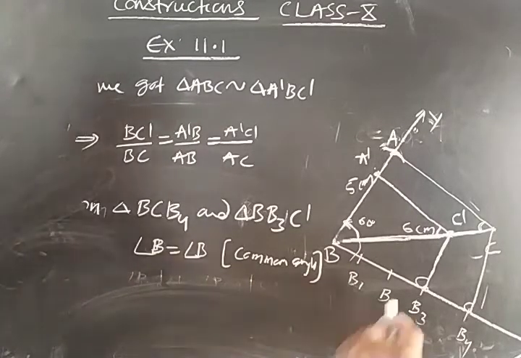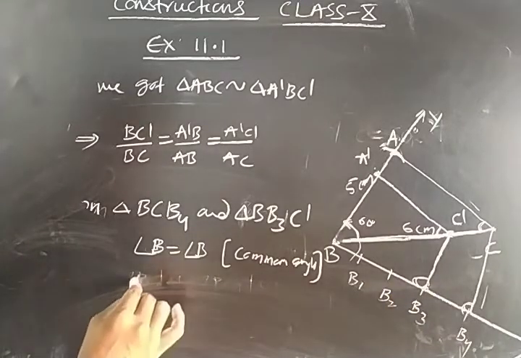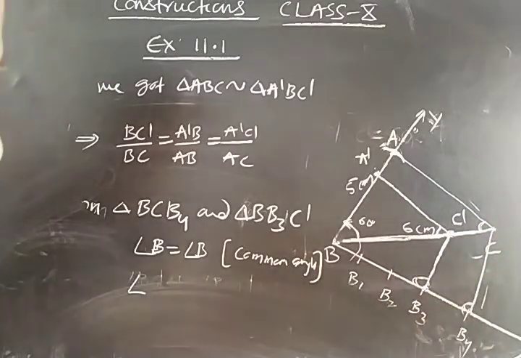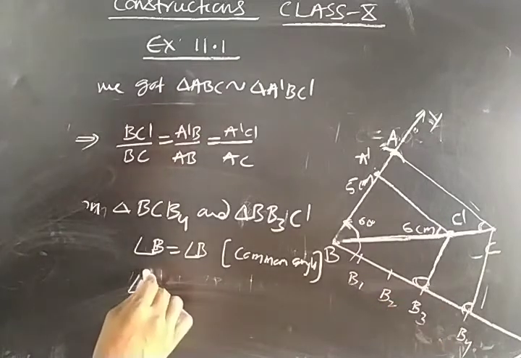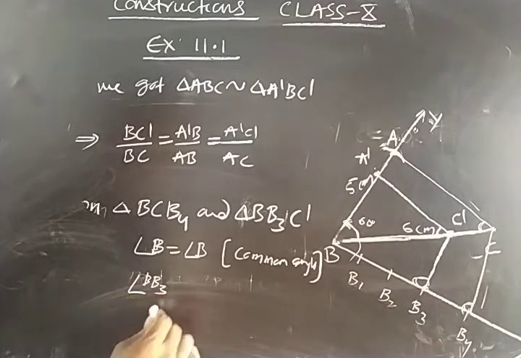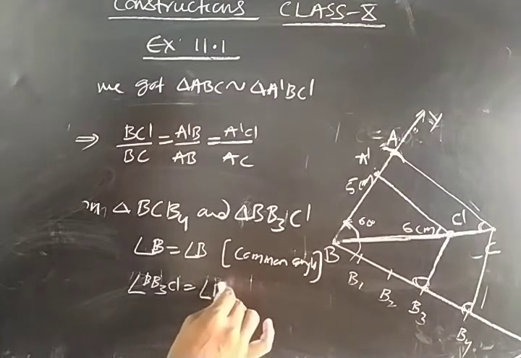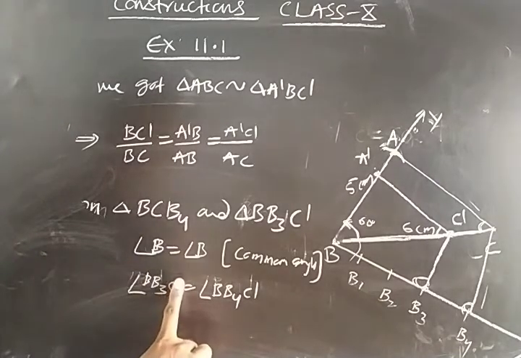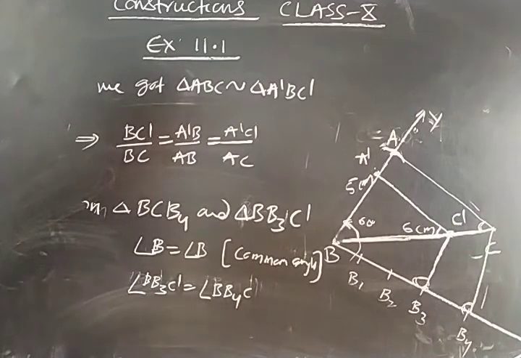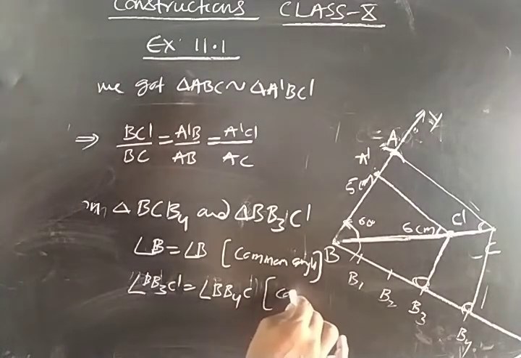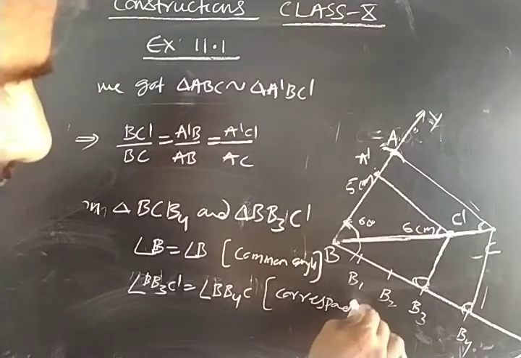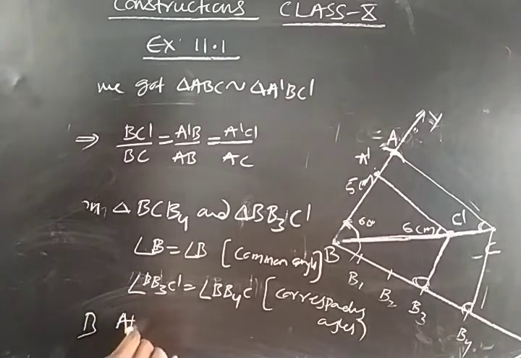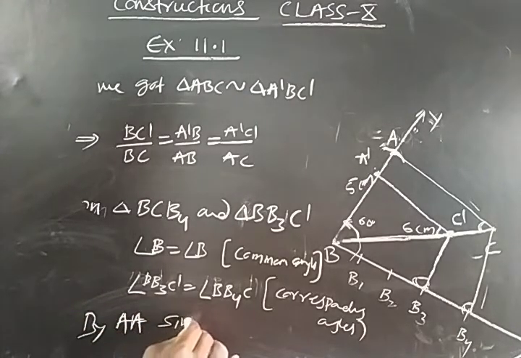Now this angle will be equal by construction, and B3 C dash, by construction we know that it is parallel to B4 C. So these two are corresponding angles. Angle B3 C dash B is equal to angle B4 C B. Why? Because they are corresponding angles. Again we can use AA similarity.